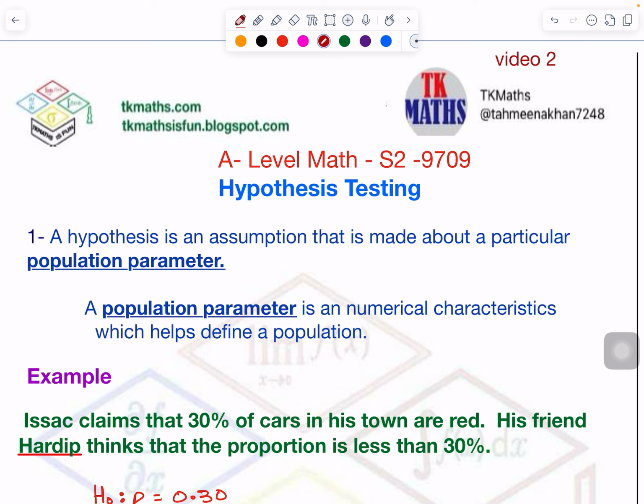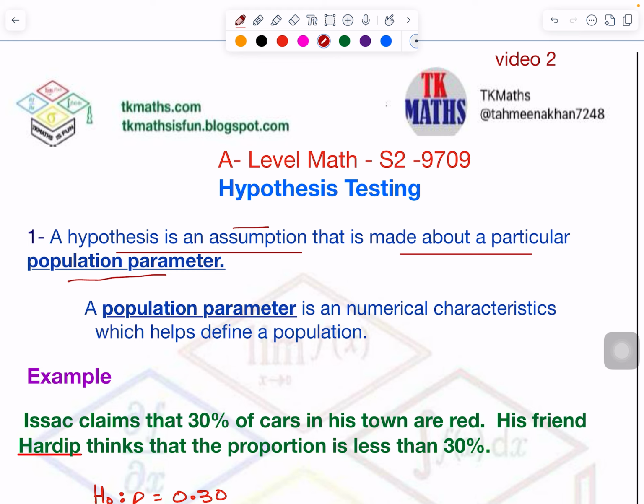So first of all, what is hypothesis testing? A hypothesis is an assumption that is made about a particular population parameter. Now what does this mean? In this question, it is about the red cars in the town. So the population is the red cars in that town, and the assumption is 30%, that the red cars in the town are 30%.